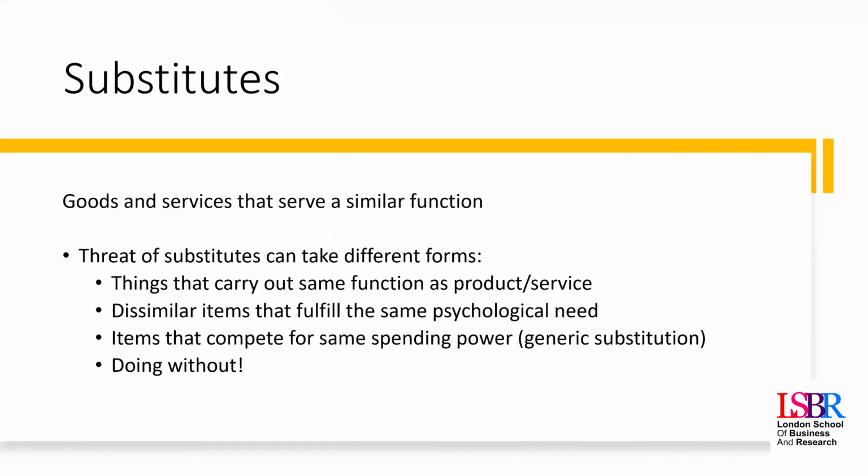And finally, substitutes. These are the goods and services that serve a similar function. So these are goods and services that do pretty much what your product does, but maybe not in the same way. For example, if I want to buy a new camera to take pictures, nowadays mobile phones also have very, very good cameras.